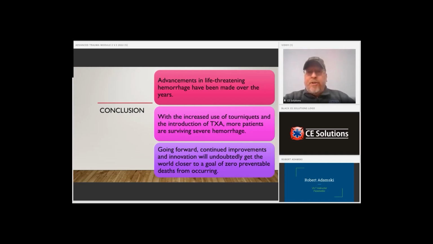And you can use your hemostatic agents in addition to or instead of, if you have junctional injuries, you can use hemostatic agents and pack the wound with gauze. You can also use tranexamic acid or TXA to help control bleeding. And then don't forget, those patients need to get to a trauma center. However you do that, I don't care, but they eventually need to get to a trauma center.